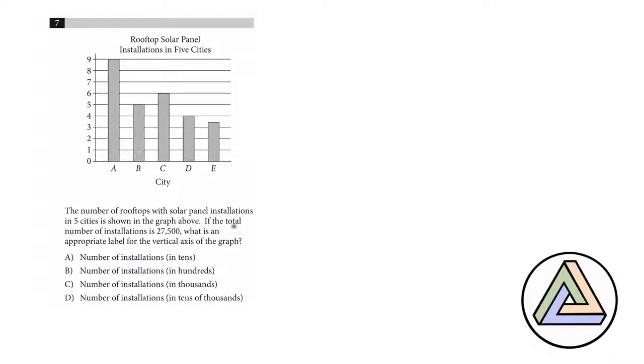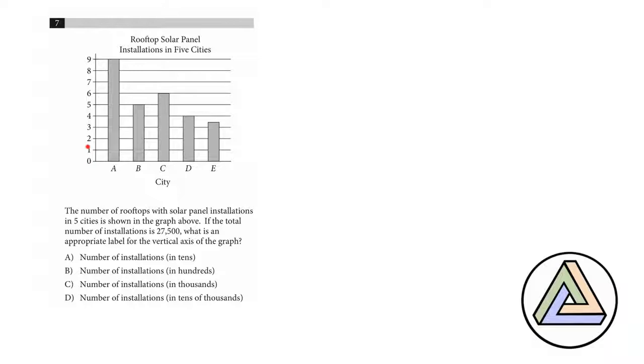The number of rooftops with solar panel installations in 5 cities is shown in the graph above. The total number of installations is 27,500. What is an appropriate label for the vertical axis of the graph? Well, obviously each of these are the cities, right? So city A, city B, city C. And the total number of installations is 27,500.